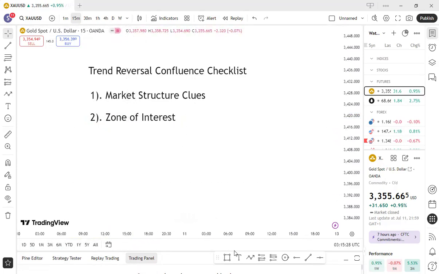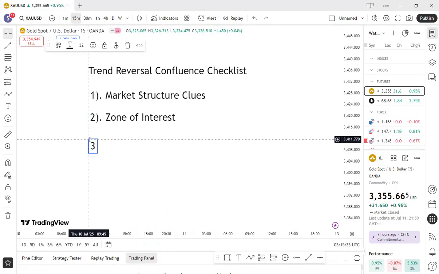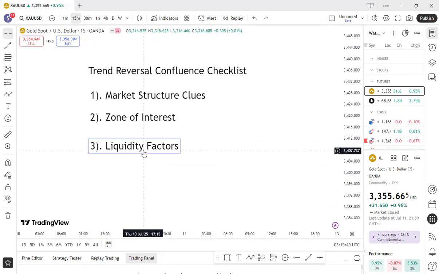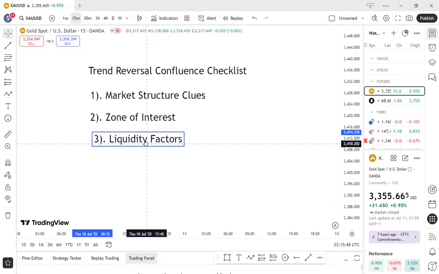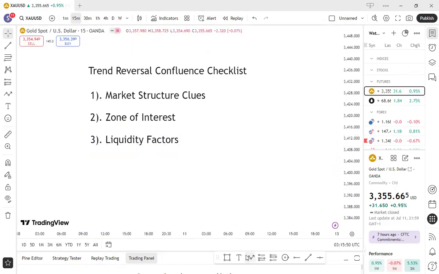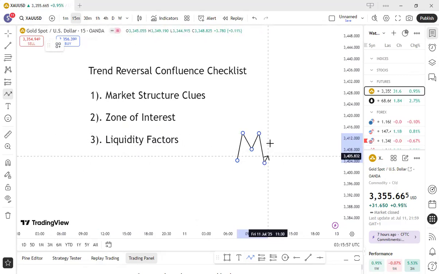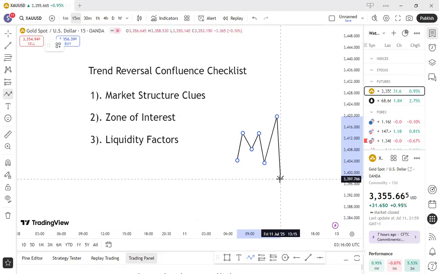Then the third checklist you have to be looking out for is your liquidity factor. Your liquidity factor. So you should be looking out for your liquidity factors, if price has actually given you a double bottom, a double top, if price has created a double top, if price has actually given you a liquidity sweep before price would actually give you a direction.